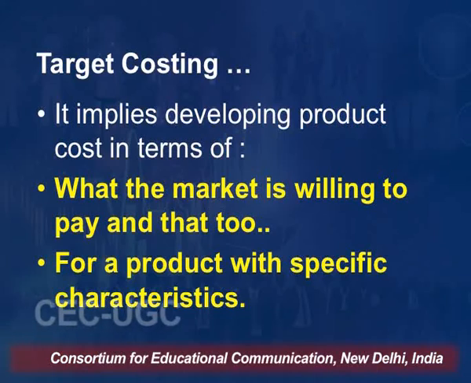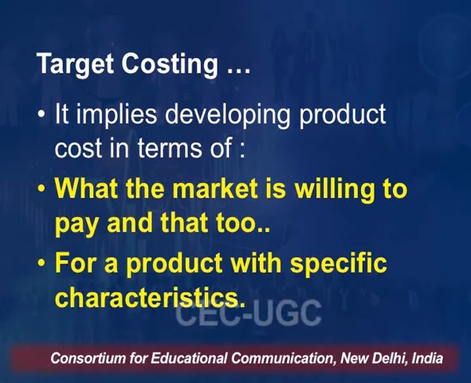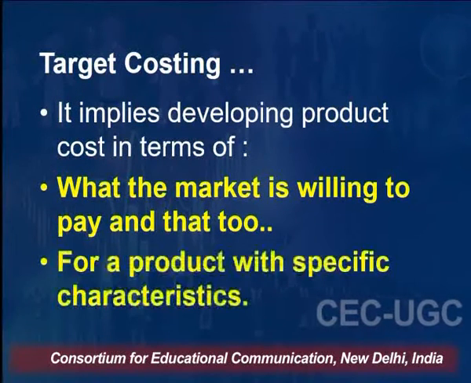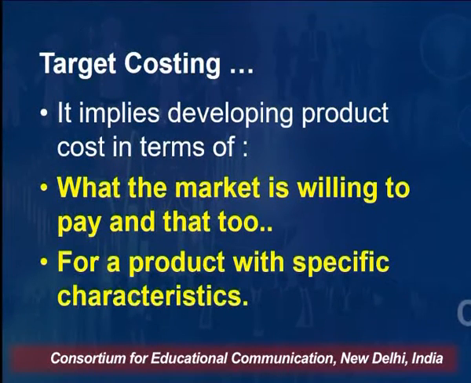So if this is the scenario, if your market is competitive, then obviously you have to adopt target costing. It basically implies developing product cost in terms of what the market is willing to pay, and that too for a product with specific characteristics.